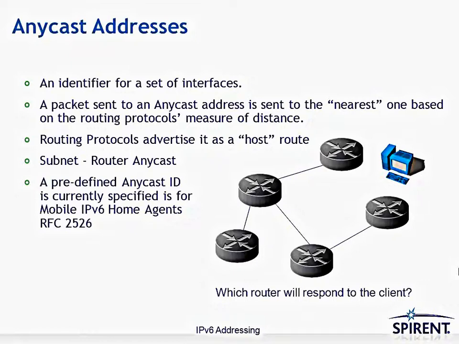The nearest concept comes from the fact that we advertise an Anycast address as a host route, in other words a /128 in IPv6, and the routers will determine, even though they have multiple sources of that same address, which one is closest from where you're oriented in the network.